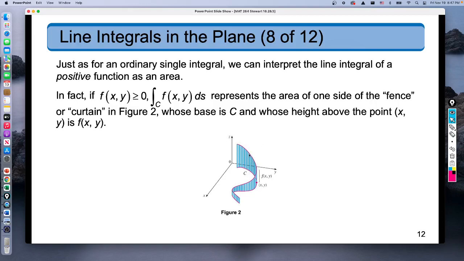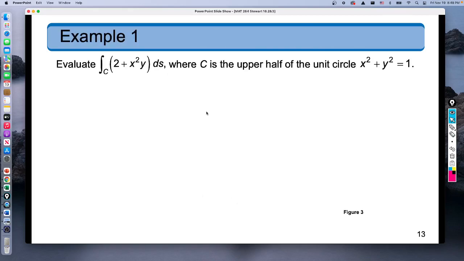You multiply by 2 because there's two sides, but it would give us one side of the fence or curtain, however you want to think of this shape. So again, what we're getting is area.